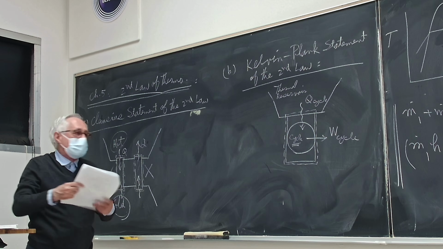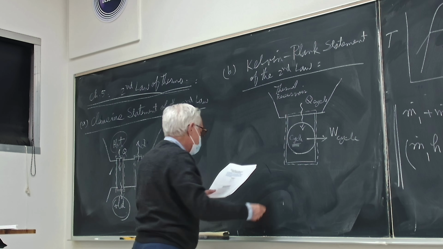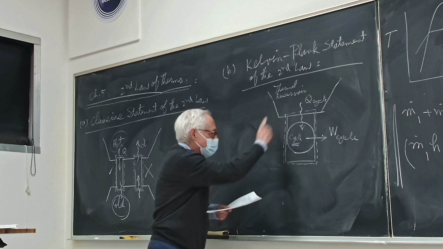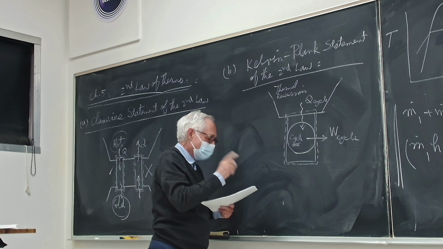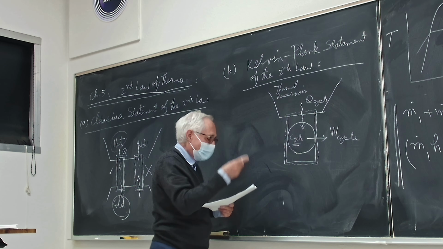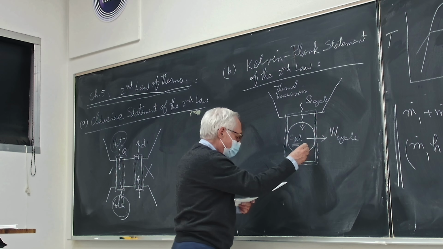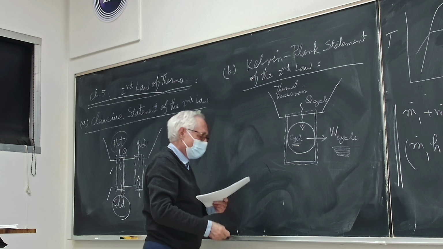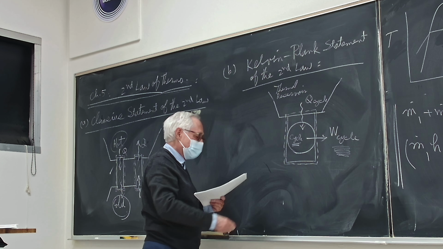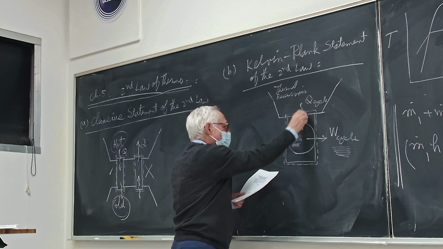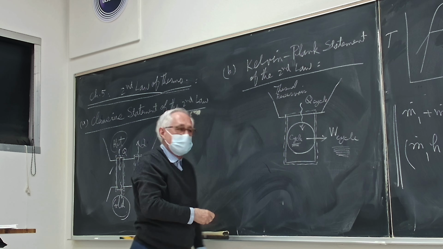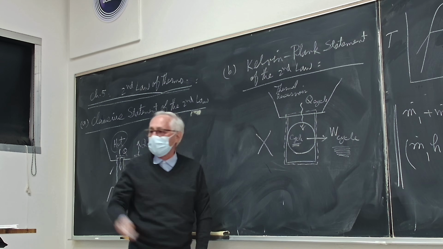Yes? The Kelvin-Planck statement says that it's impossible for any system to operate in a thermodynamic cycle and deliver a net amount of energy by work to its surroundings while receiving energy by heat from a single thermal reservoir. This is impossible.